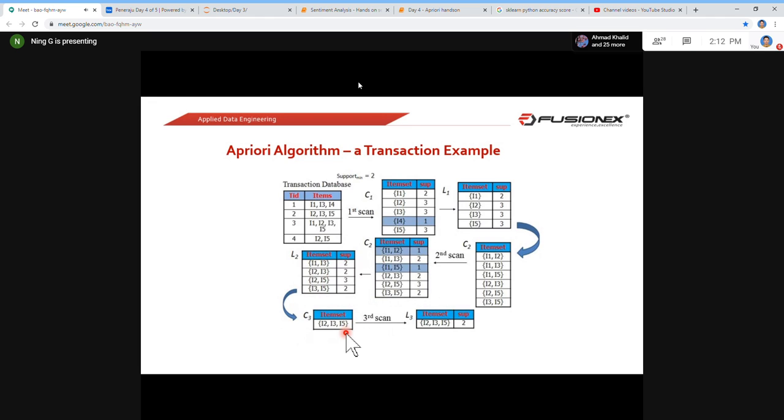Because 2, 3, and 5 are bought together here, and here, and here, and because we're associating 3 things, right? Another one that has 3 things bought together is 1, 3, and 4. And we have already eliminated item number 4 here, isn't it? So that's why the only thing that is viable here is the 2, 3, and 5 item.